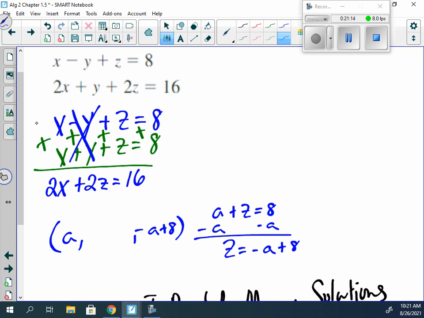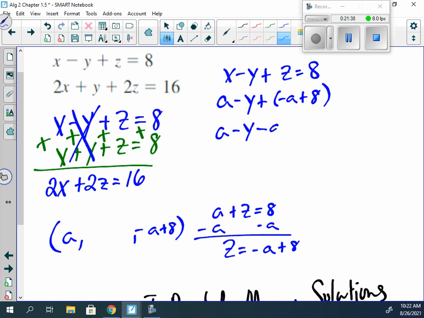now I'll pick this one here. x minus y plus z is equal to 8. Well, we said x was a. z is negative a plus 8. I think that'll just set y equals 16. Because a minus y minus a plus 8.